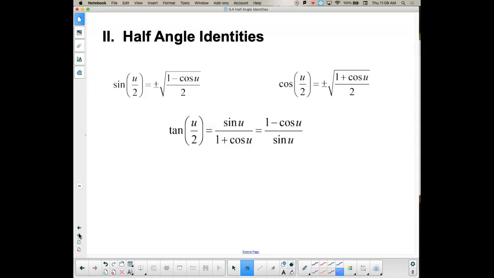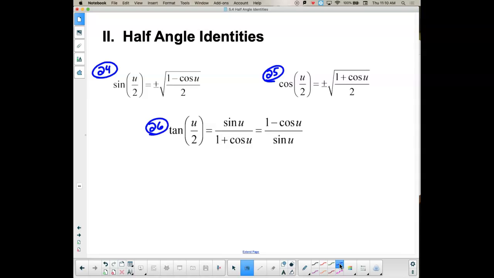The sine of u divided by 2 equals plus or minus the square root of 1 minus cosine of u over 2. That is number 24 on your identities page. And then the cosine one is number 25, and tangent is 26.